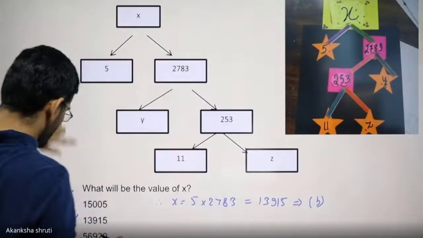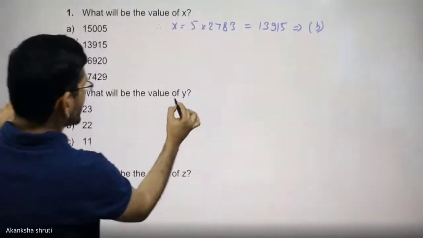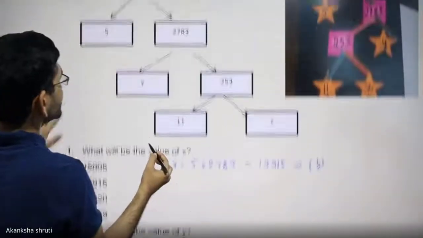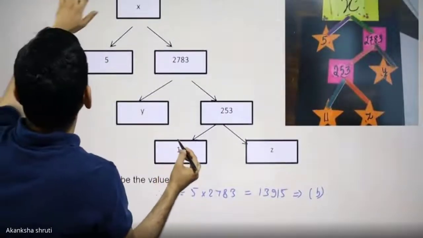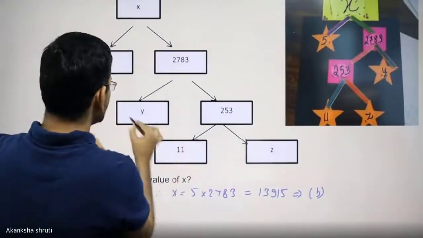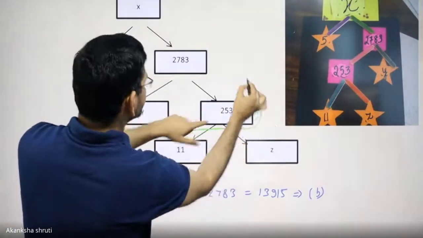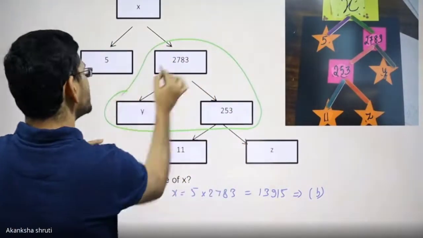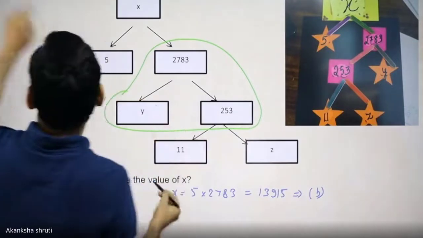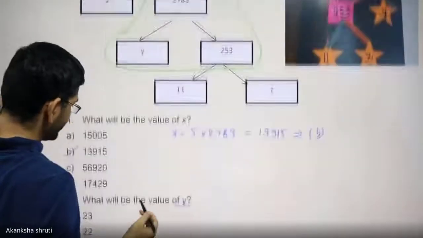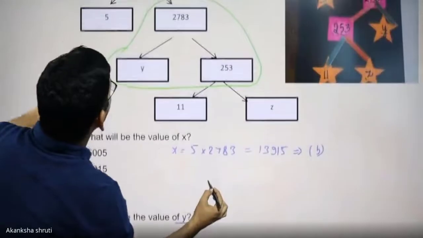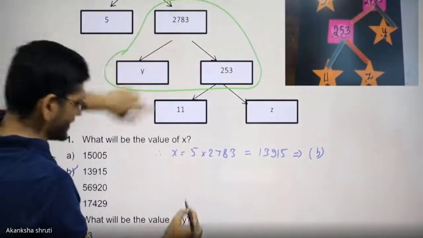Let us come to question number 2. What is the value of y? Students, see here. Again, for the y, we have to consider the factors. So y and 253 is the factor of this. So only we have to take this much part, and then we can get the value of this 2783.